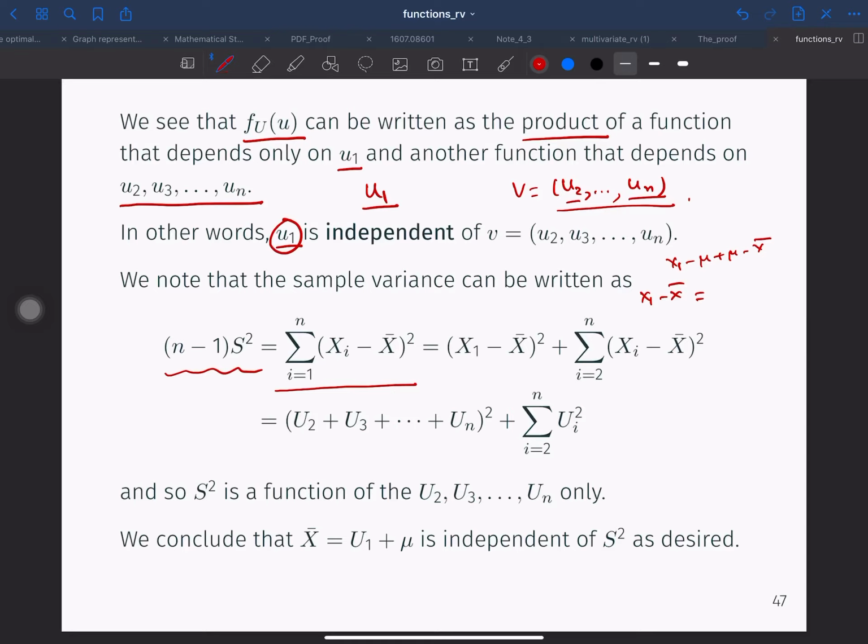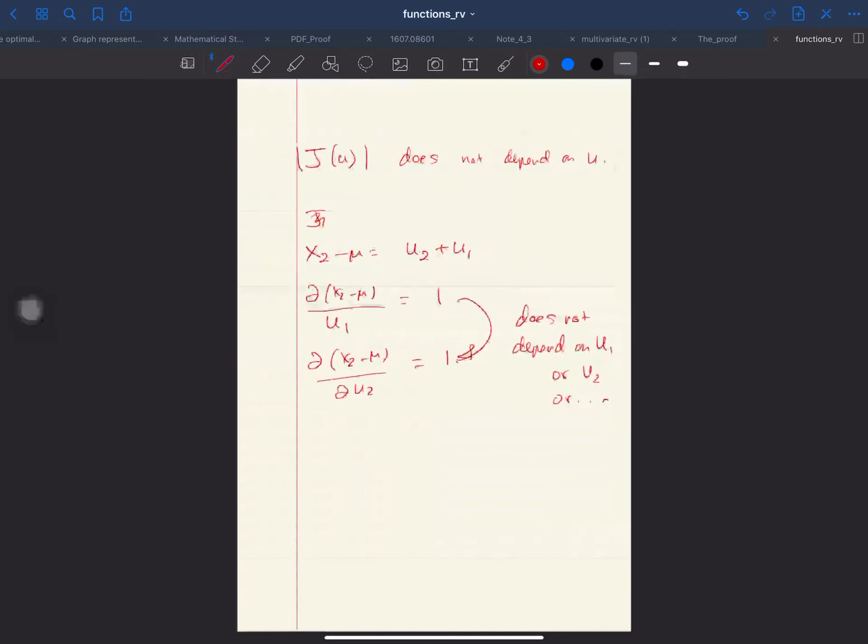Xi minus x bar squared can be written as x1 minus... Yep, okay, yes, let's go back.